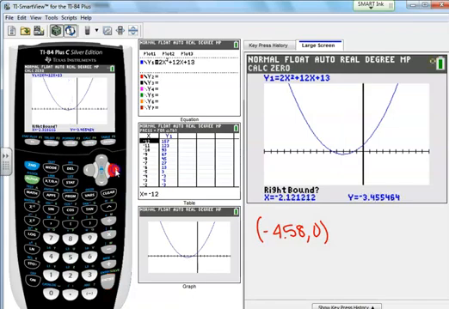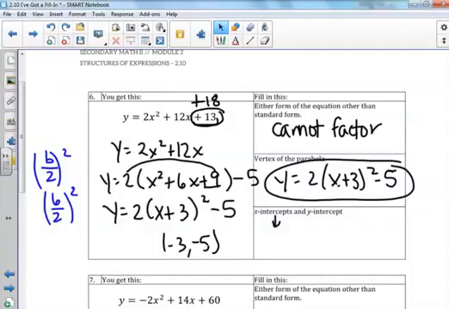It does ask for right bound, so we're going to move our cursor to the right of the x-intercept, hit enter again when it says guess. So our other x-intercept will be the coordinate point approximately (negative 1.42, 0). And again, you could use the quadratic formula in order to solve for the x-intercepts as well.